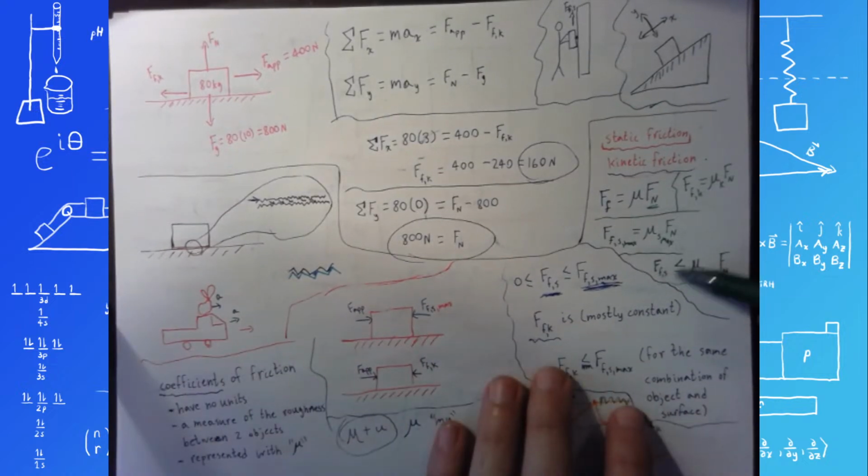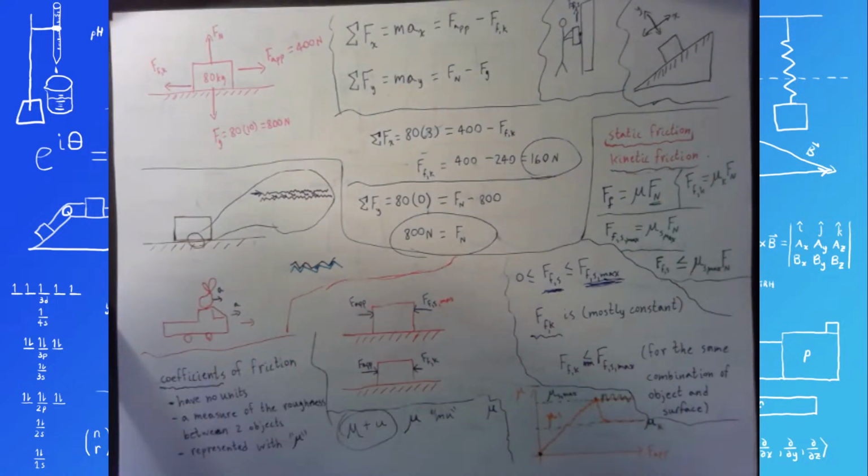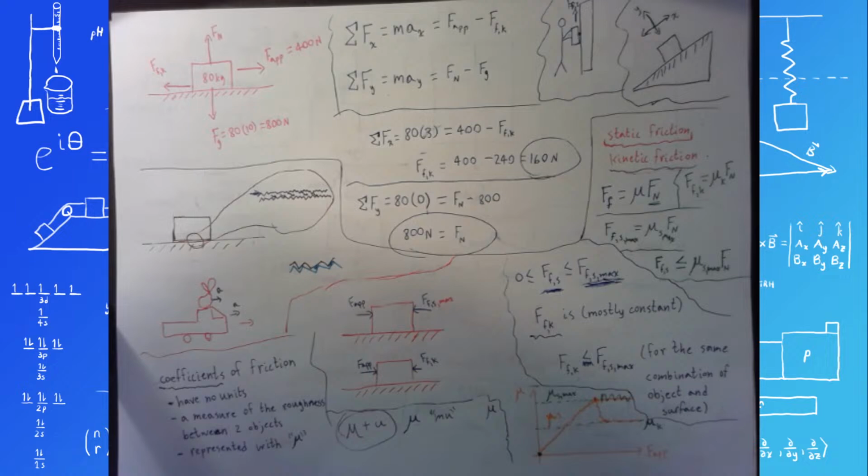No inequality needed, no changing depending on whatever the remaining forces are doing, none of that. If an object is moving relative to a surface, then you just have a constant friction that is calculated from mu kinetic times whatever the normal force happens to be.